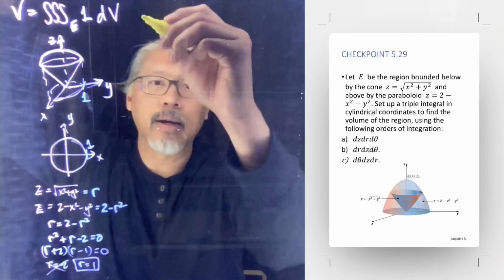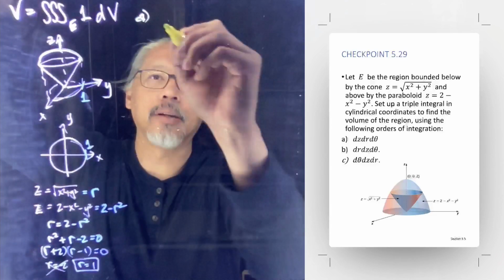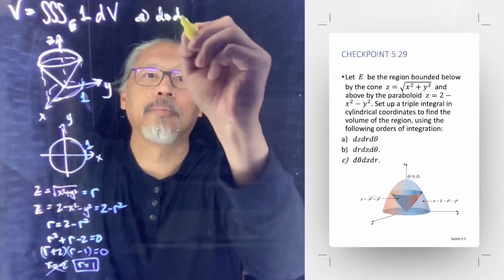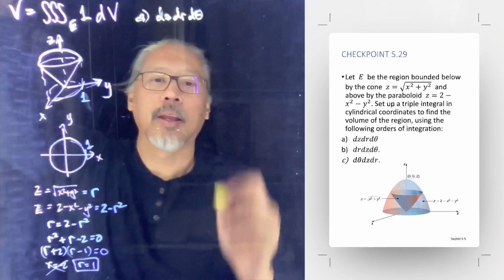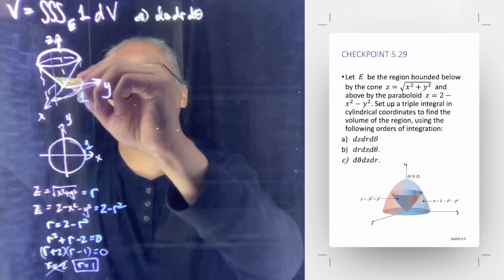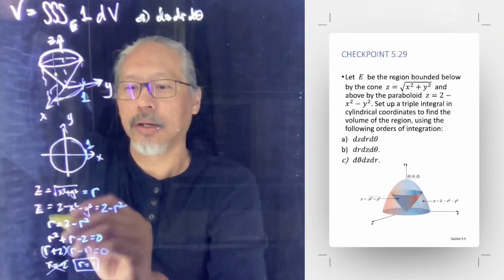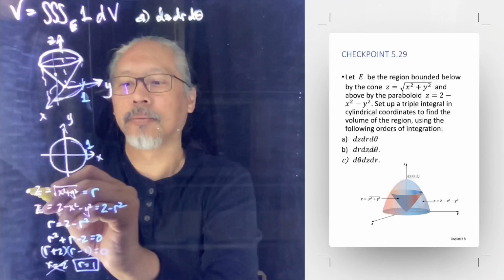All right, now let's do part A, where we want dz dr d theta. If we want dz dr d theta, we would draw a line parallel to the z-axis. We would enter through the region, through the cone. This is the cone right here.